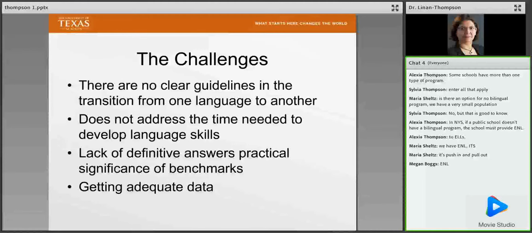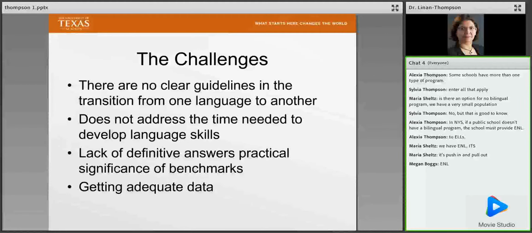And we also lack the definitive answers for practical significance of benchmarks. That is related to the previous one. Just because they're below now, does that mean they're not going to catch up? Or is it the case, because they are learning English as a second language, that their language skills have to hit a threshold before the literacy really takes off?